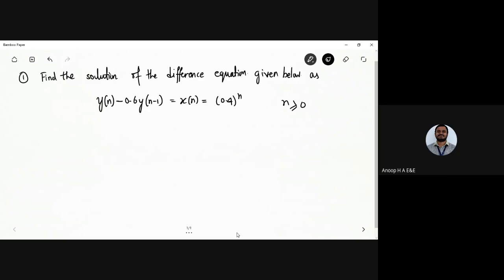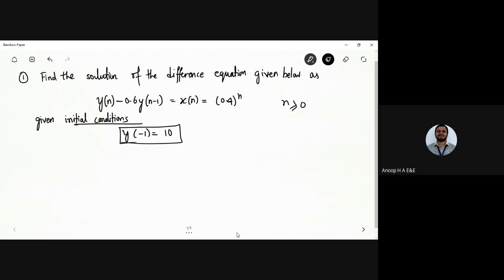So what I mean here is 0.4 power n. So this would be a right-handed signal for n greater than or equal to 0, given initial conditions y of minus 1 equals 10.